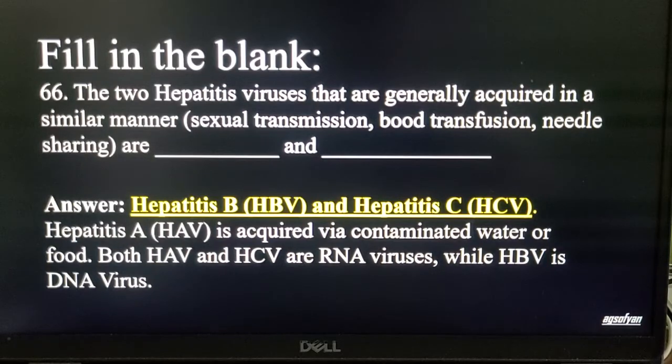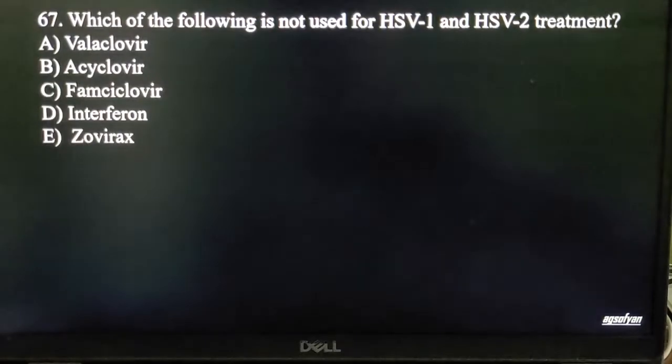But remember, hepatitis B is a DNA virus, while hepatitis C is an RNA virus. So based on the type of nucleic acid, B is DNA and C is RNA. How about A? A is also an RNA virus.